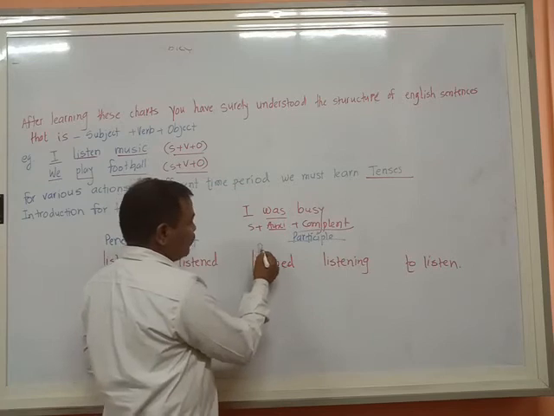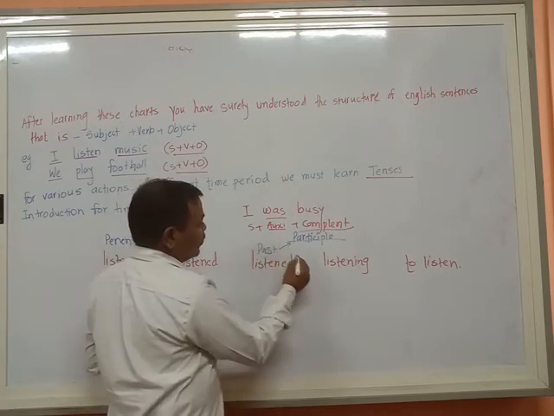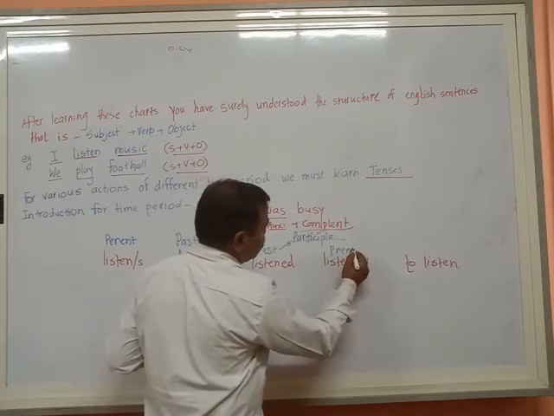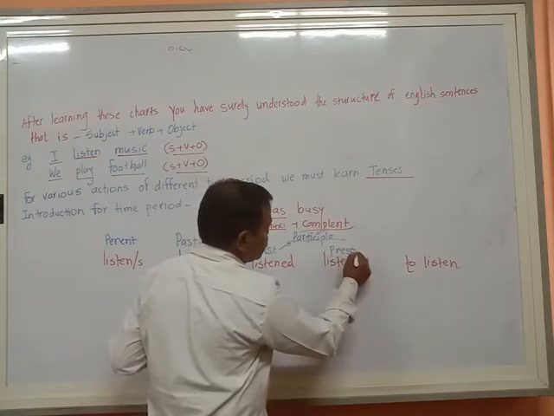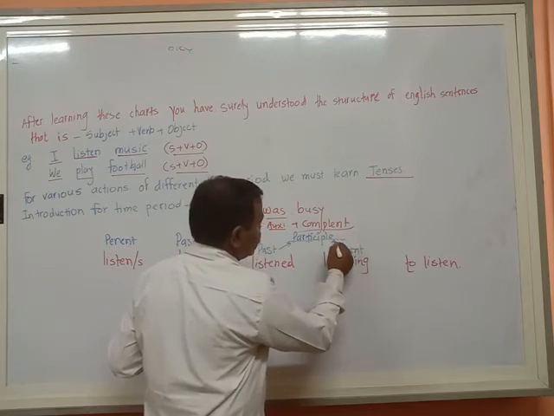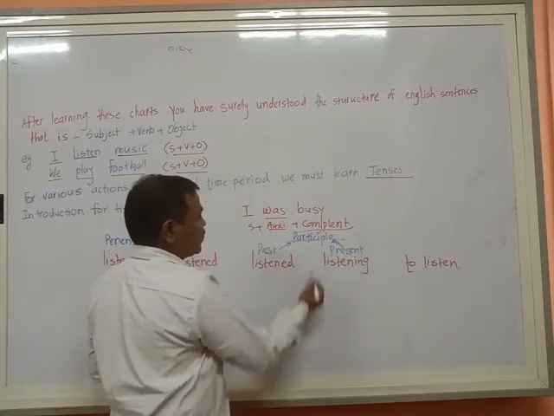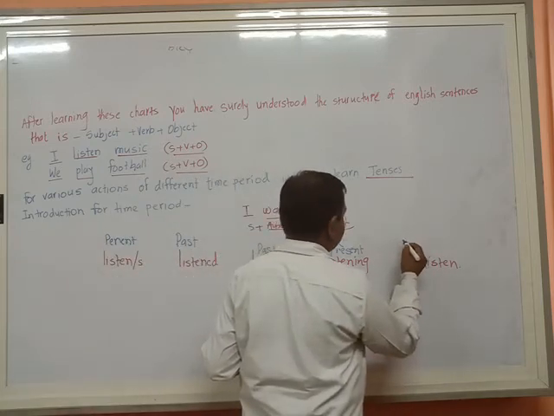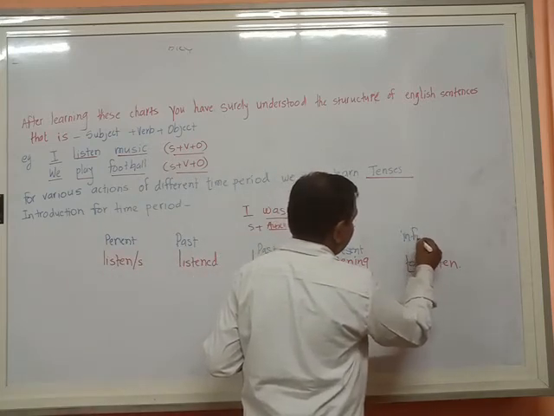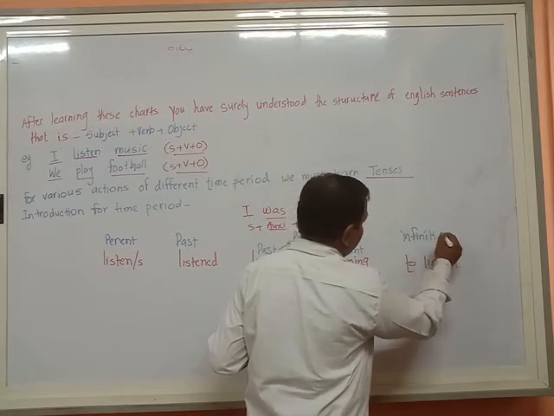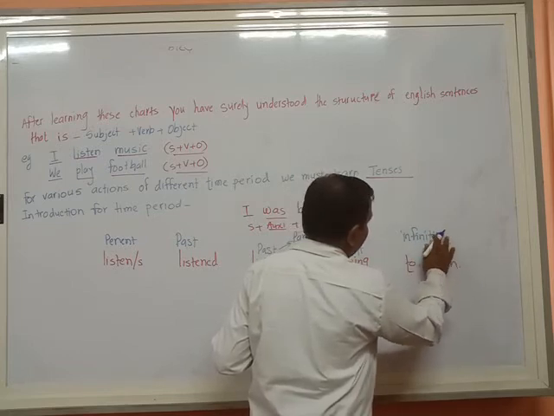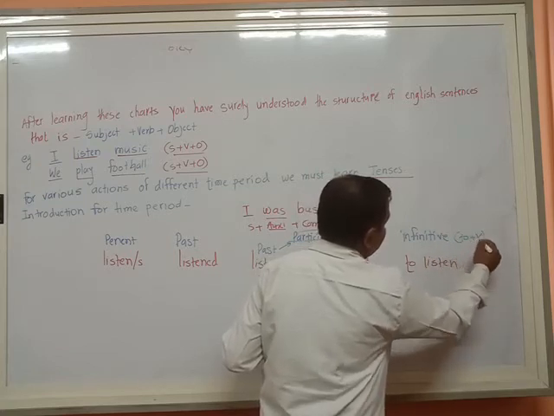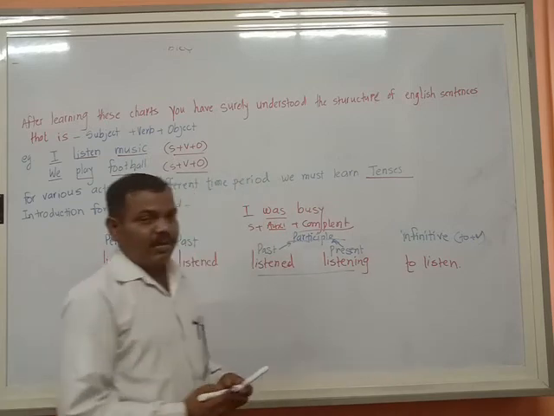This is the past participle and this is the present participle. Both of them are participles, and the last one is known as the infinitive. Infinitive is always formed with to plus main verb. This form is known as the infinitive.